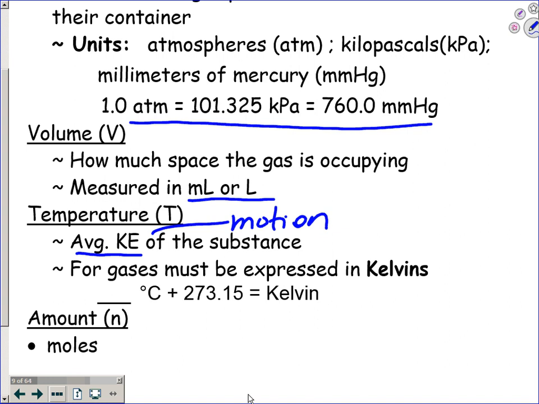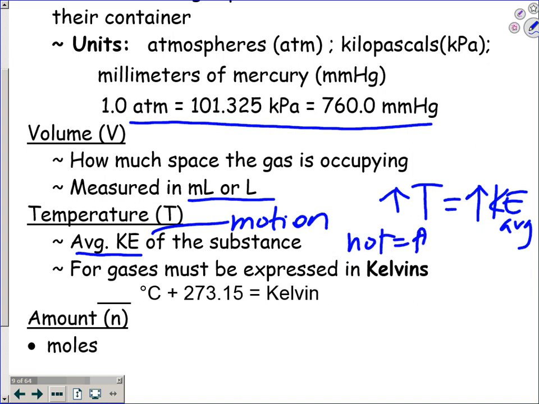If I increase the temperature, what does that do to the kinetic energy? It increases the average kinetic energy. Good. Okay, so hot things move quick, right? Hot equals fast. Cold things would move slower, all right?